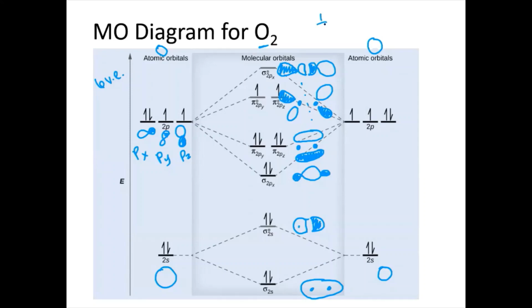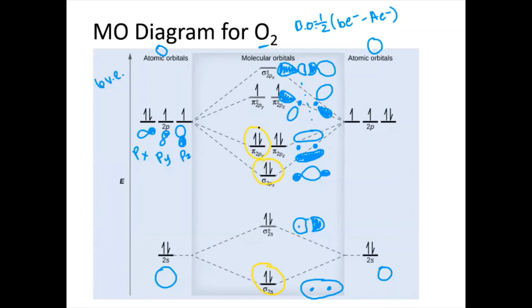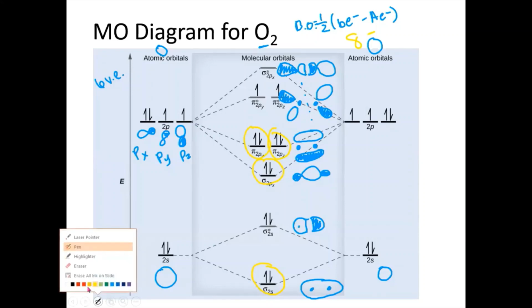I can calculate bond order. Bond order is 1/2 times the bonding electrons minus the anti-bonding electrons. So here I'm going to bust out my yellow pen and count the bonding electrons. We've got 1, 2, 3, 4, 5, 6, 7, 8 bonding electrons, minus the number of anti-bonding electrons, which is right here.